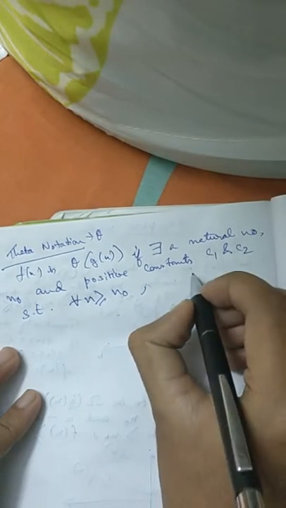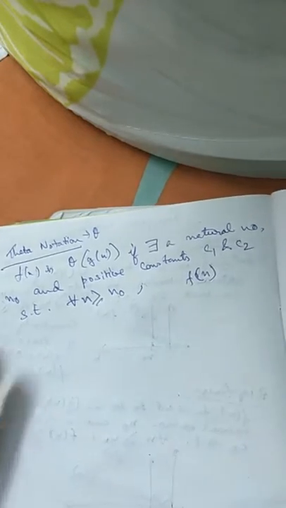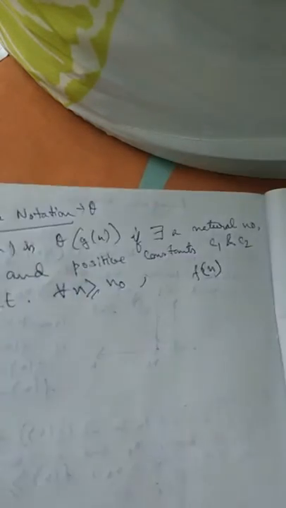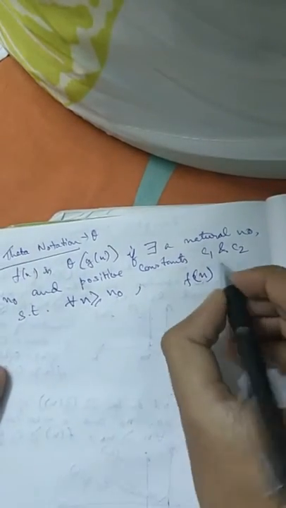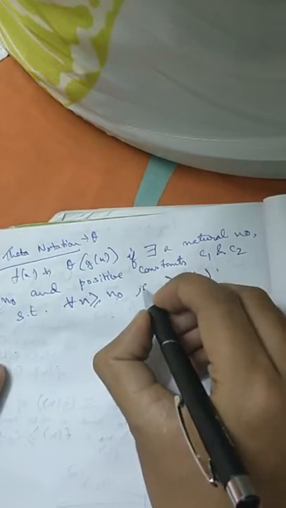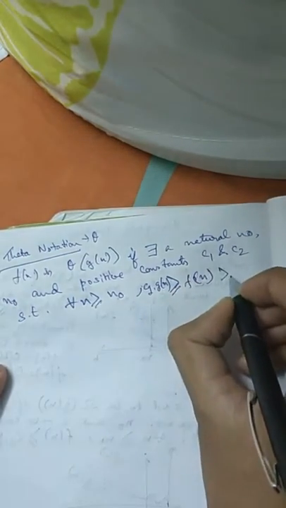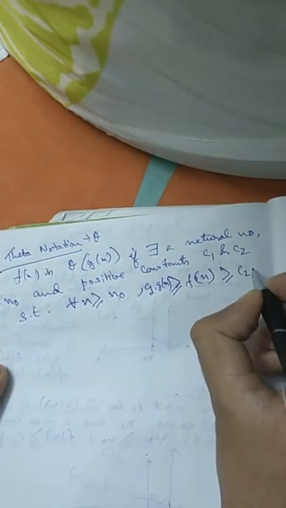So what did we use? Let me just check what we did here. f(n) was greater than c2 g(n). So f(n) is upper bounded by c1 into g(n) and lower bounded by c2 into g(n).